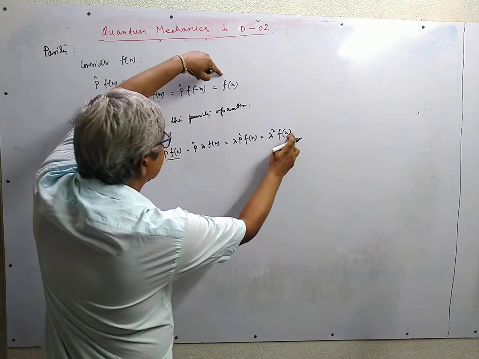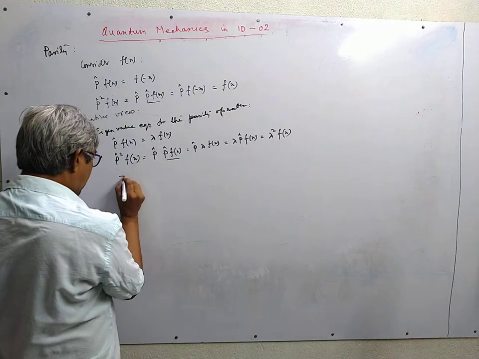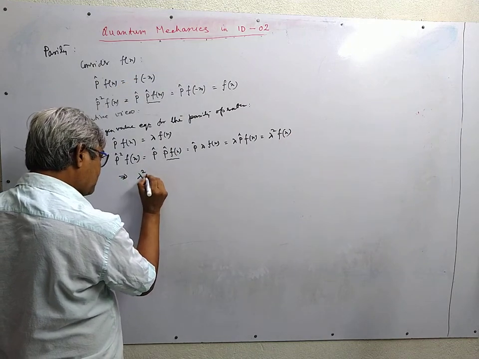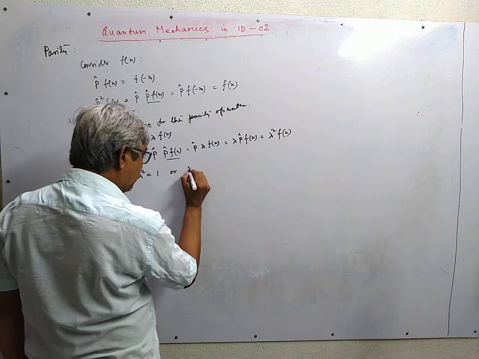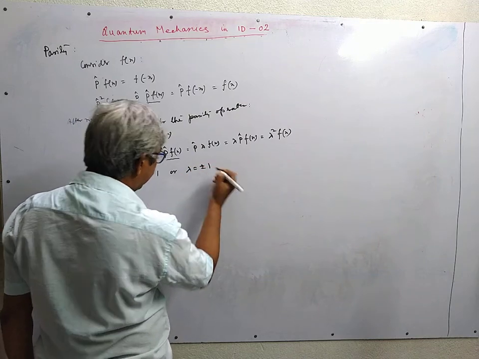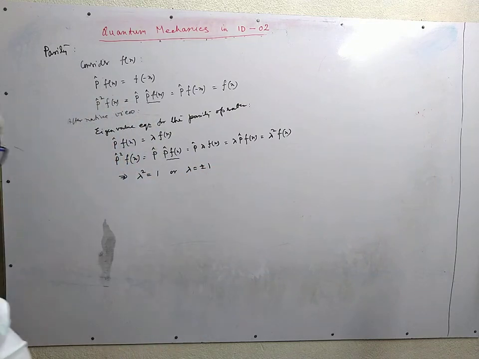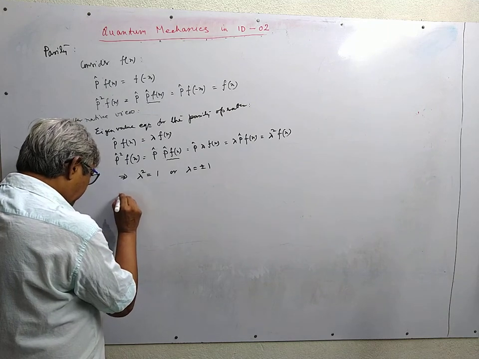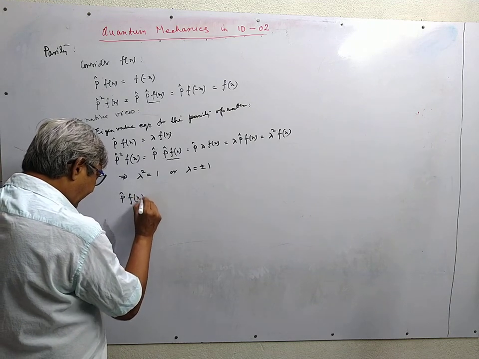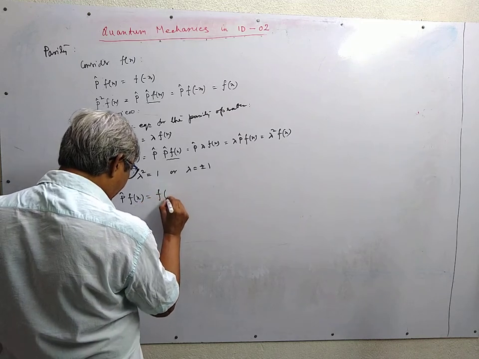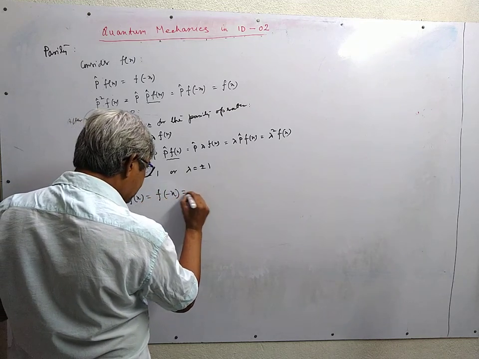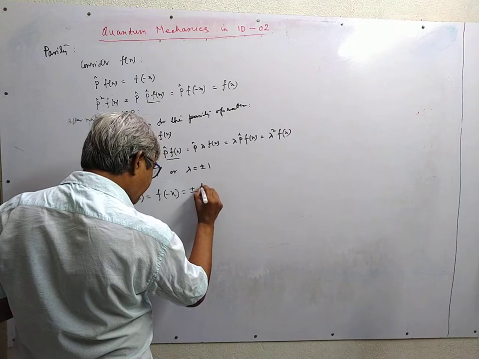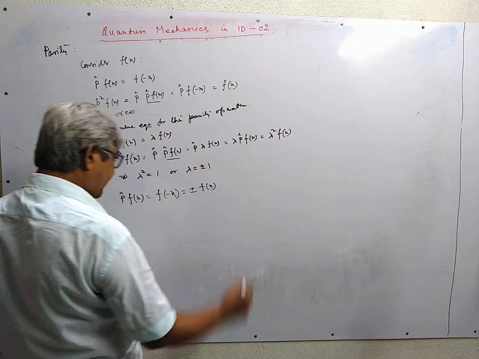If we compare these two equations, we see that lambda square is equal to 1, or lambda is equal to plus or minus 1. That is to say, P operating on f of x gives you f of minus x, which is equal to either plus f of x or minus f of x.